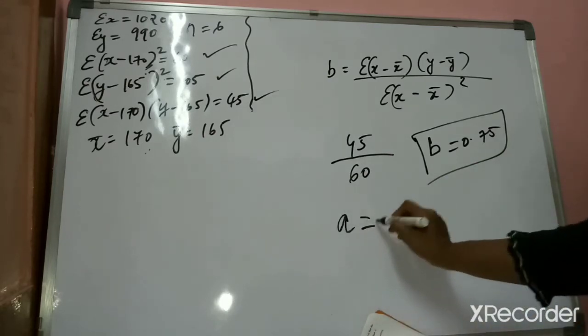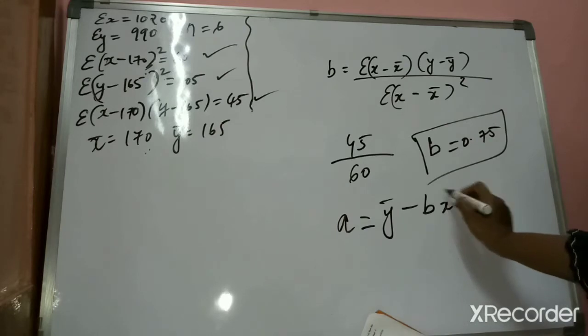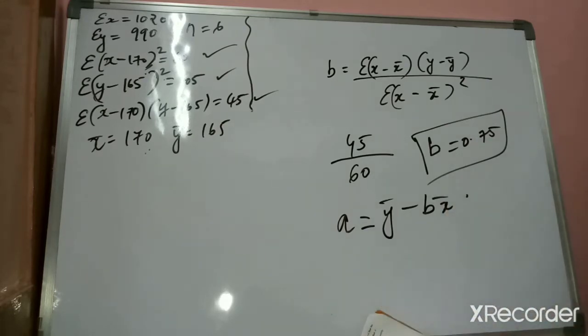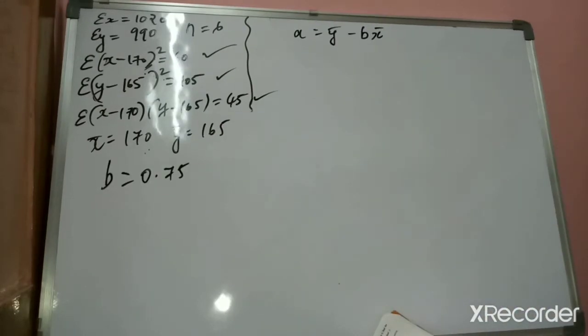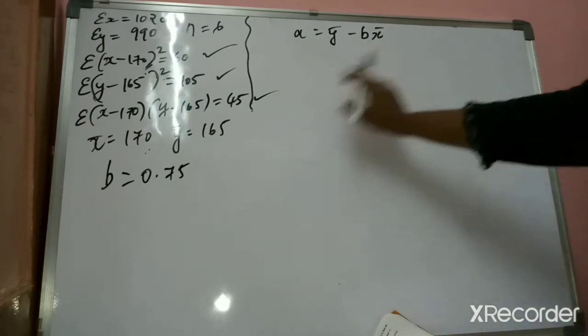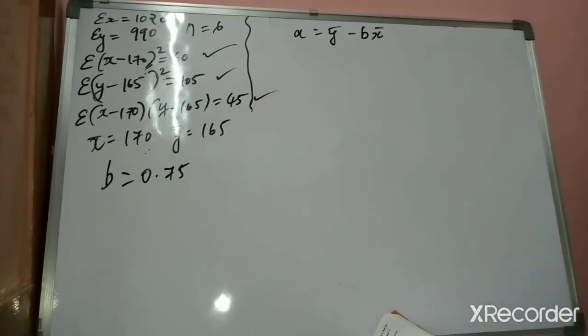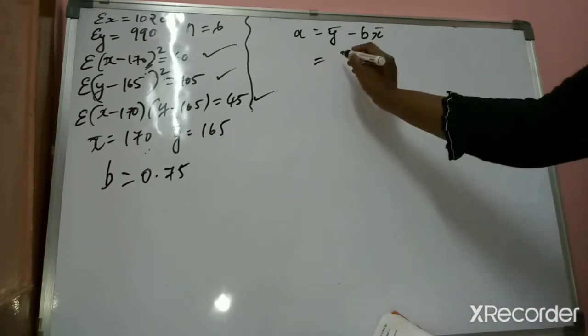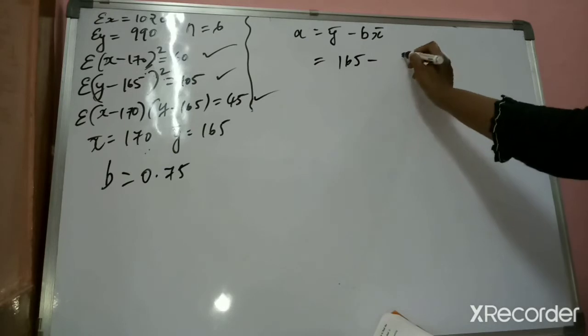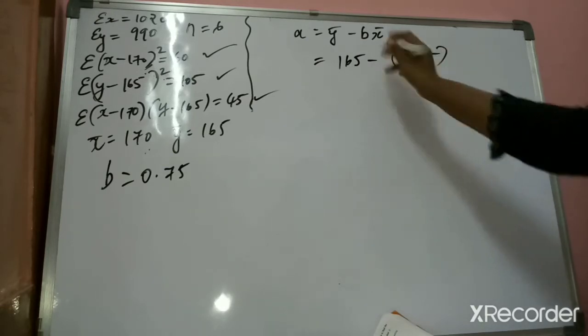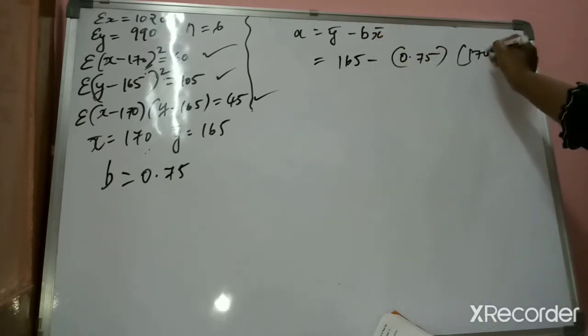So after b, the next thing you have to find out is your a. So the formula for a is again y bar minus b x bar. Clear? So now let's do this. Now a is equal to y bar minus b x bar. I have written down what we found out for b. So b is equal to 0.75. So what is your y bar? Let's do it. 165 minus b, which is 0.75, multiplied by your x bar. So that is 170.